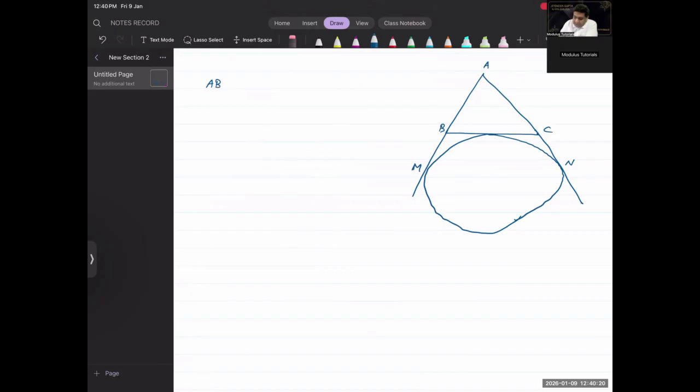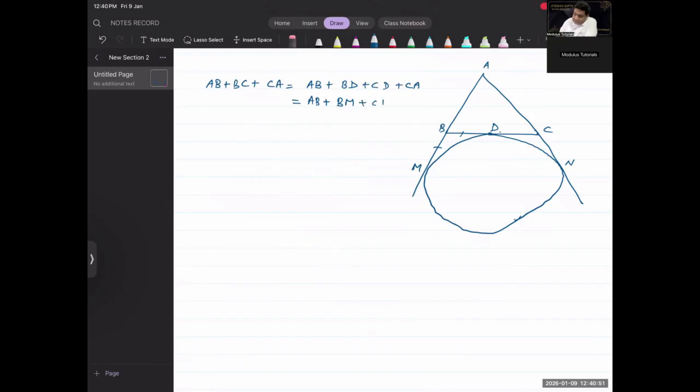See, if you see AB plus BC plus AC, this is the perimeter of the triangle, right? Now let's say this is D. So this is AB plus BC, which is BD plus CD, plus CA. Now BD is equivalent to BM, because the length of the tangent drawn from an external point is equal.